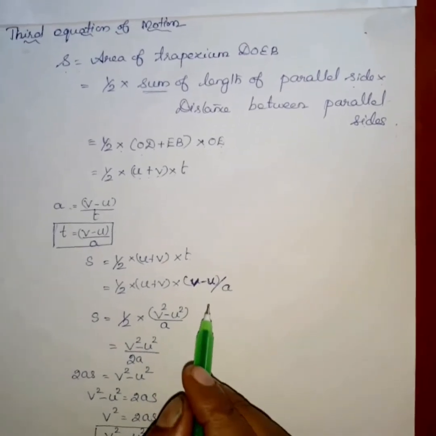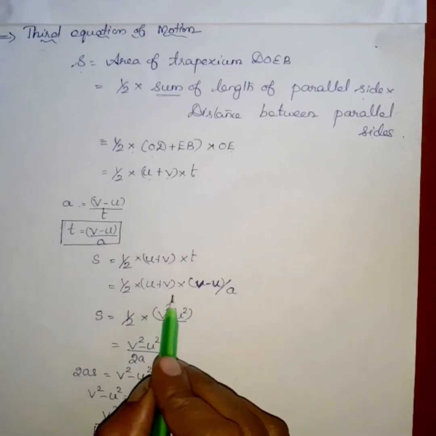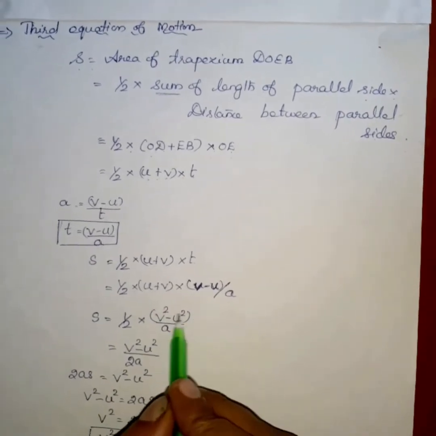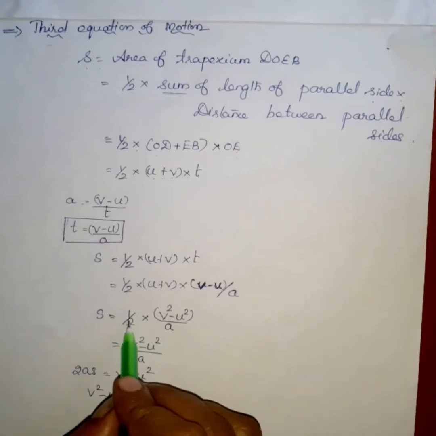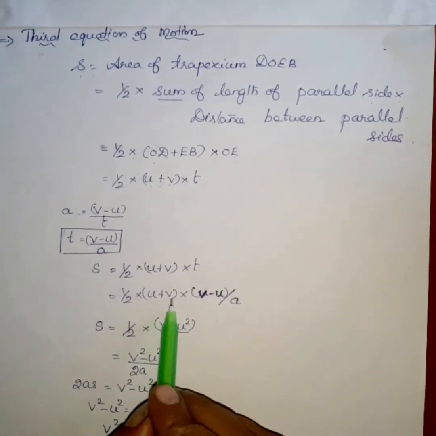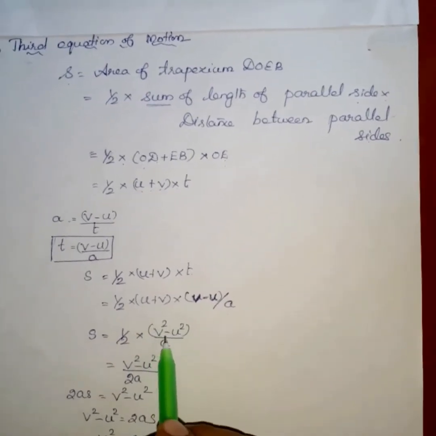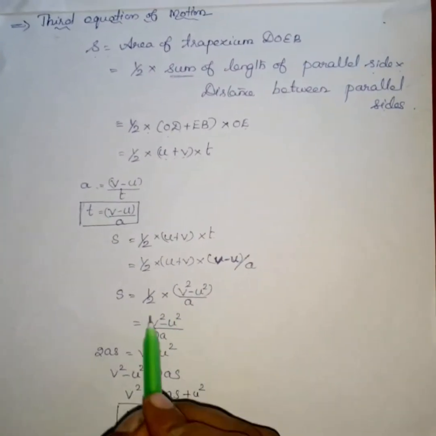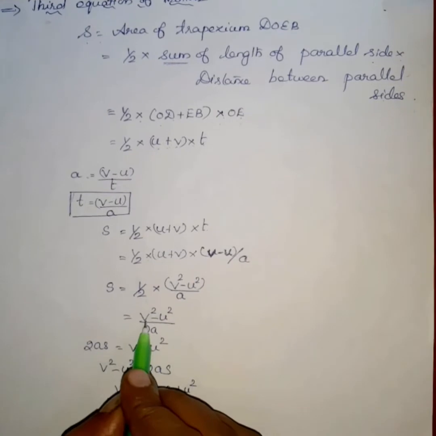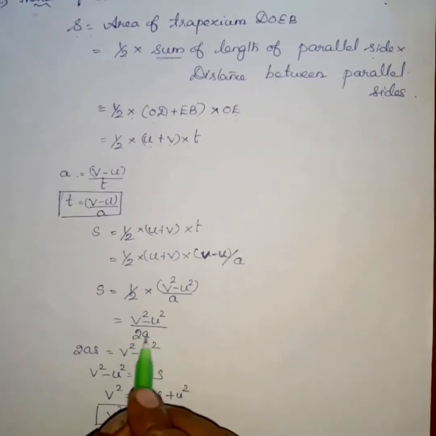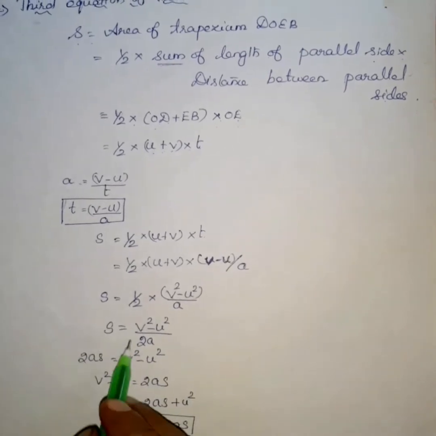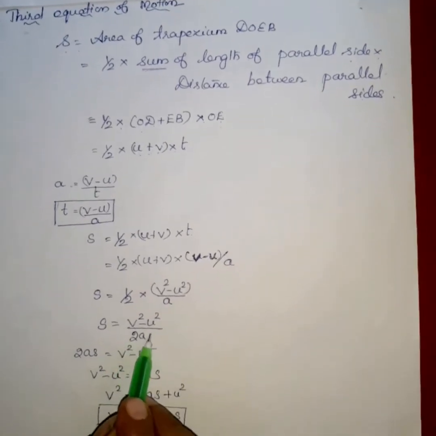Already you have studied (a + b)(a − b) = a² − b². So now you write half into (v + u)(v − u), so v² − u² divided by a. Now multiply by 2a: s = (v² − u²)/2a.